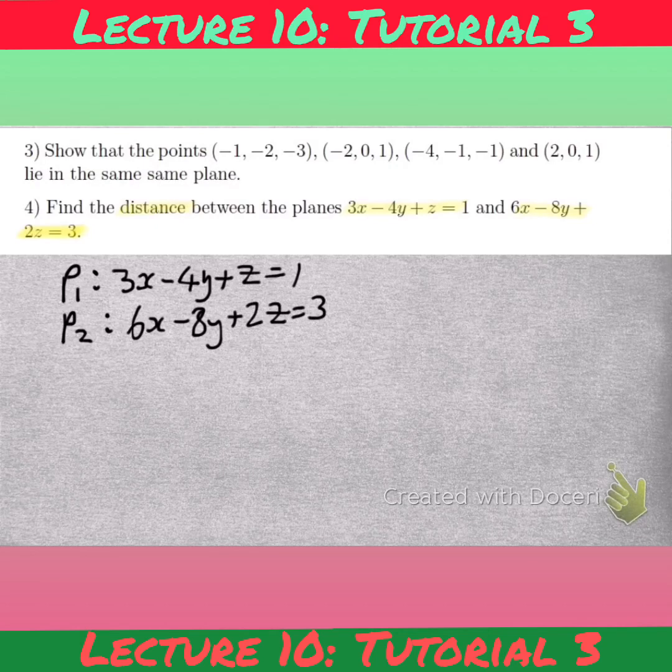You can write that second plane as 6 times x minus a half, minus 8y plus 2z minus 0 equal to 0.